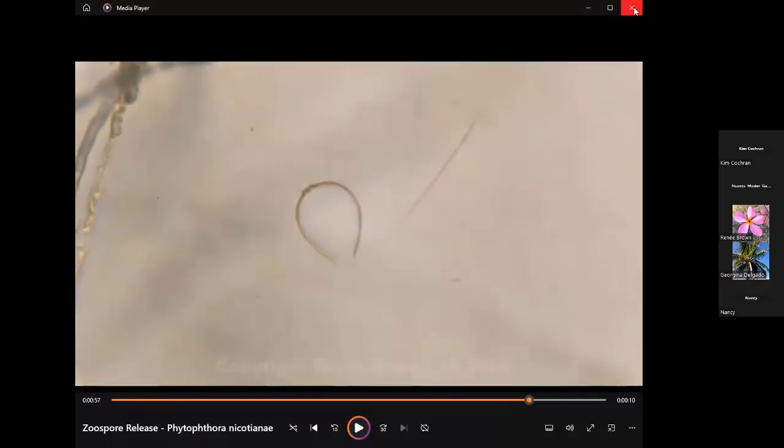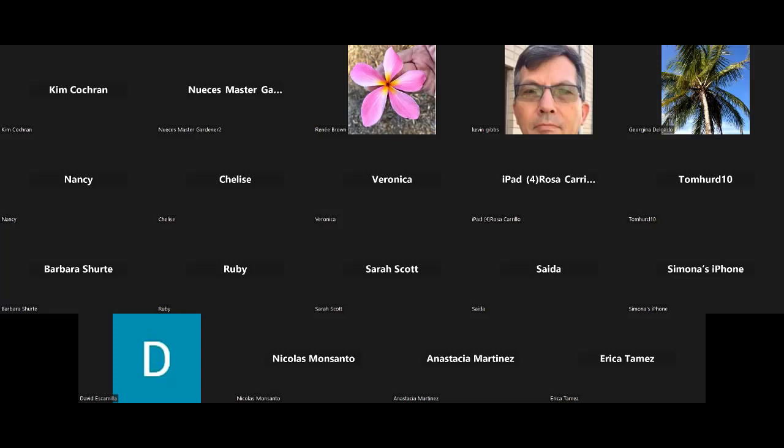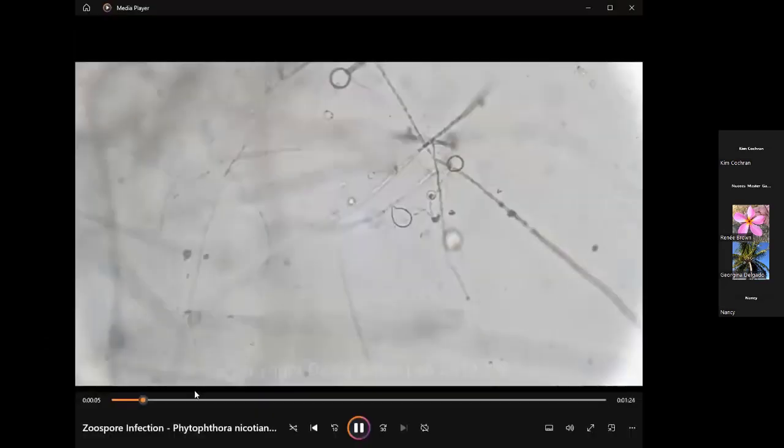Okay, so once they emerge, these zoospores don't just randomly hang out. They actually have a process that helps them hone in on their basically food source or their host. So that is called chemotaxis, and basically these little zoospores can sense the compounds that the roots release.